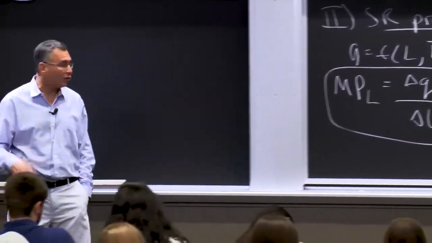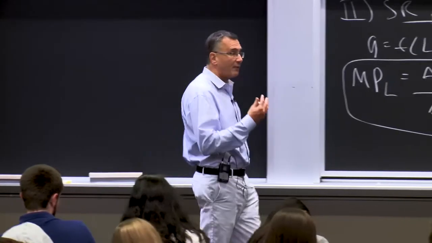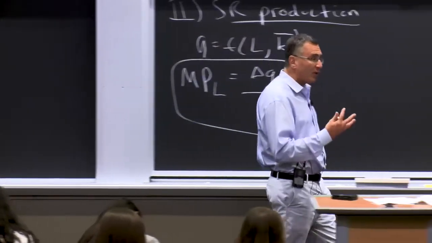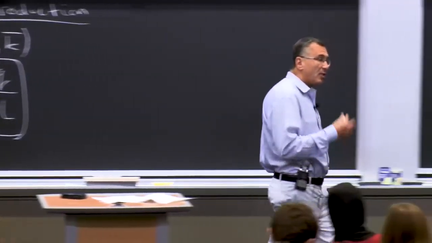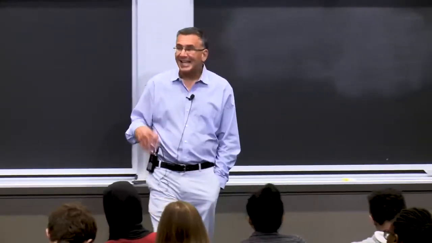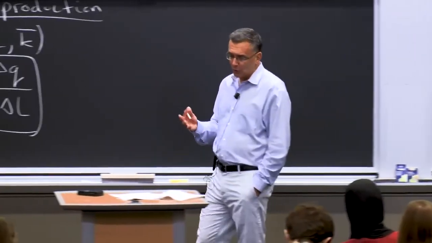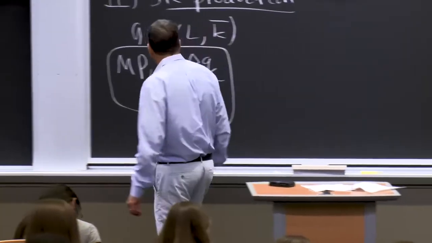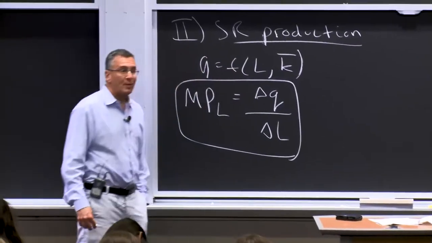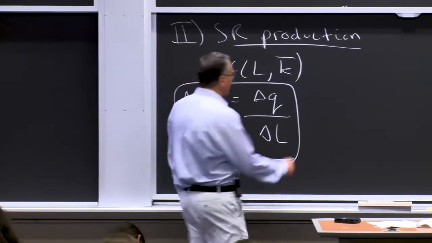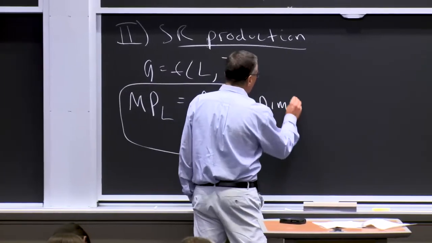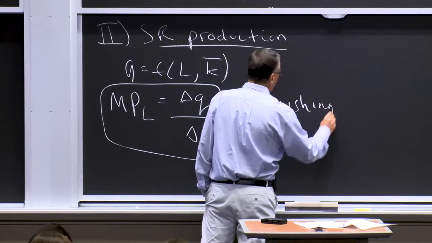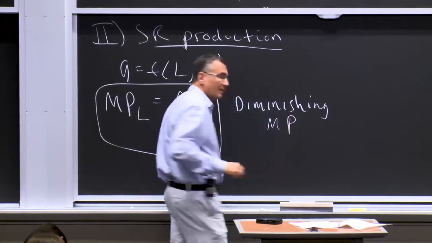Once again, going back to our parallel consumer theory, the marginal utility of pizza was the delta in utility for the next unit of pizza. The marginal product of labor is the delta in the amount produced for the next unit of labor. And we are going to assume, much as we assume diminishing marginal utility, diminishing marginal product.